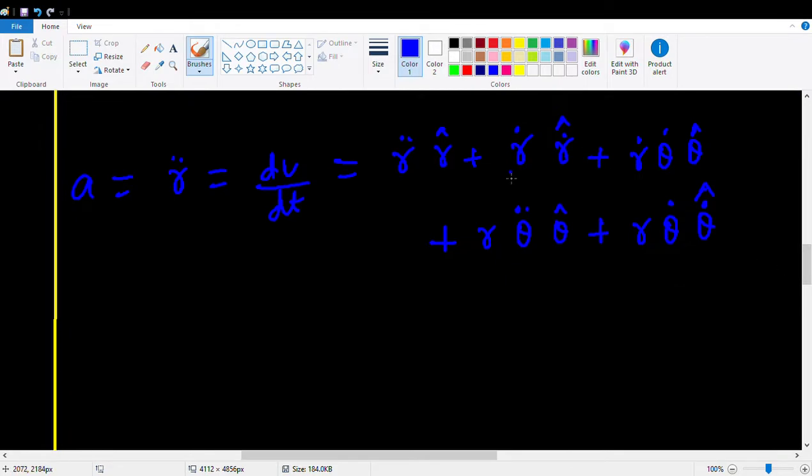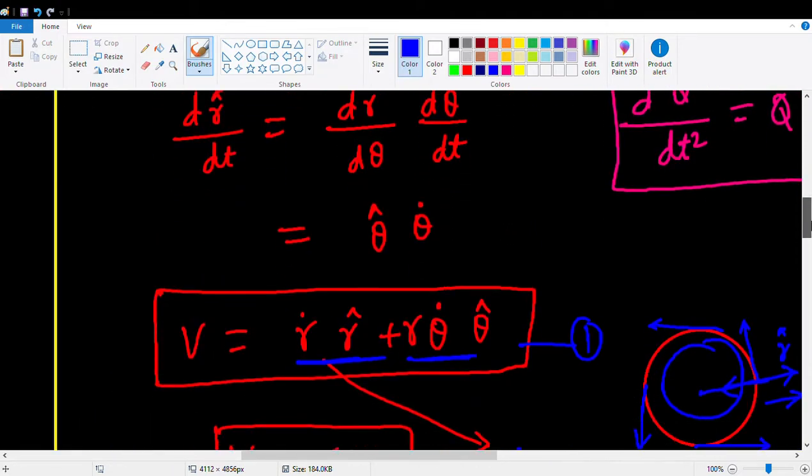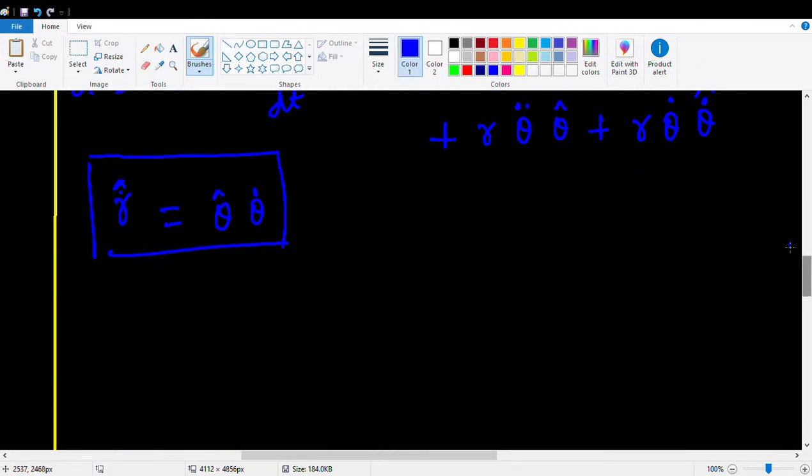Now what happens to r dot hat? r hat dot is going to give me nothing but theta hat theta dot. I have simply derived this: theta dot theta hat. Now I have to derive what will happen to this one.